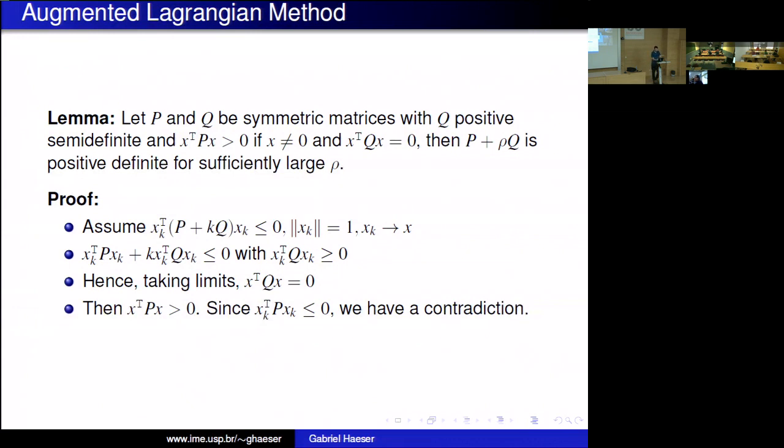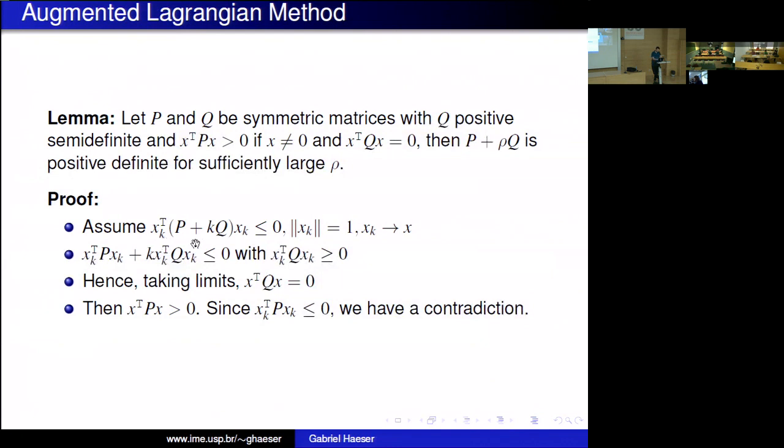I can do this because if it's not the case, I simply divide by the norm, and I get a normalized vector with this same property. So now I have a bounded sequence, and I will assume that at least in a subsequence, it converges to some point x.